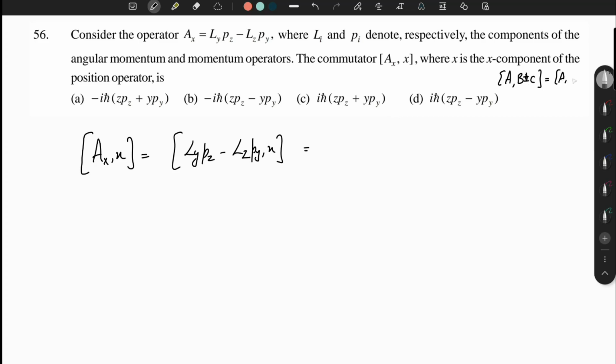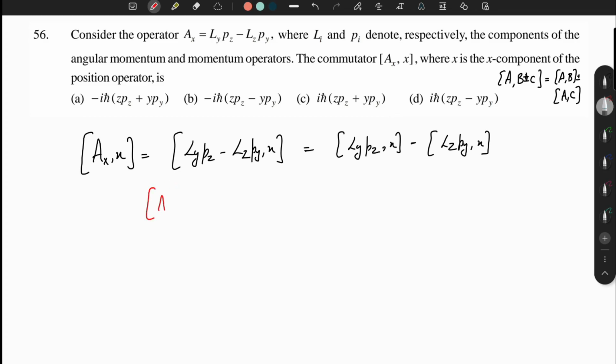This is equal to commutator of a comma b plus minus commutator of a comma c. So likewise we can distribute this. So this will be equal to commutator of Lypz comma x minus commutator of Lzpy comma x.